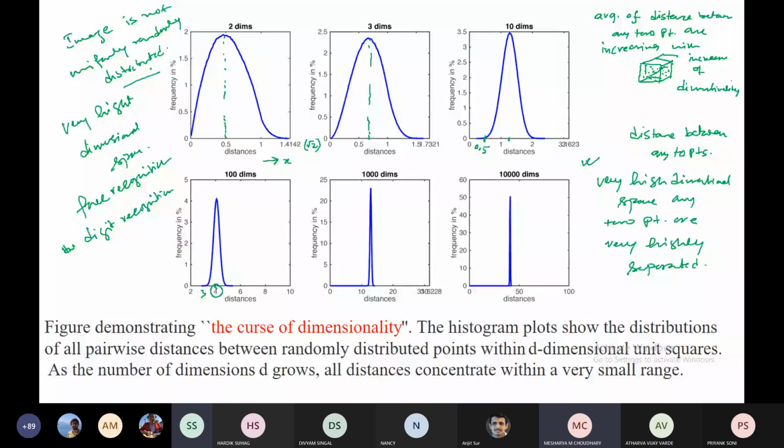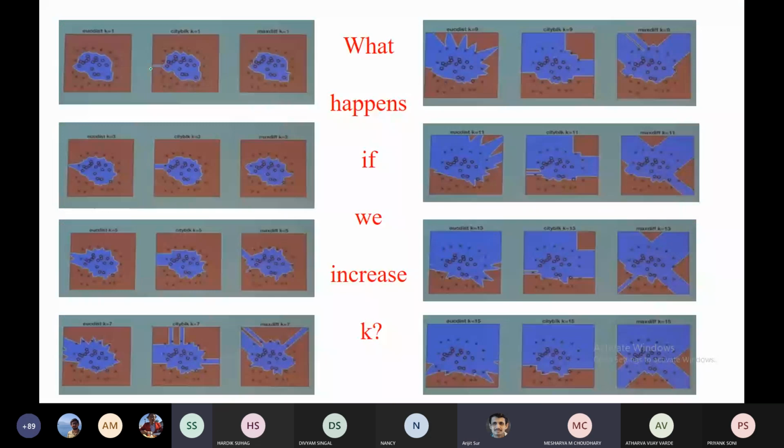Okay. This has taken some very good examples. They have used different distances.